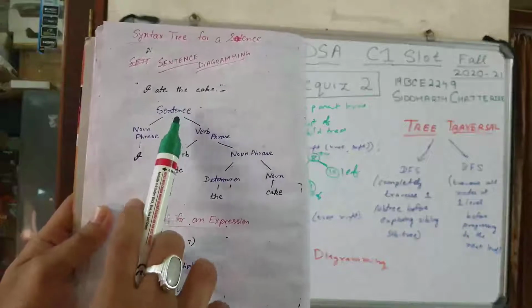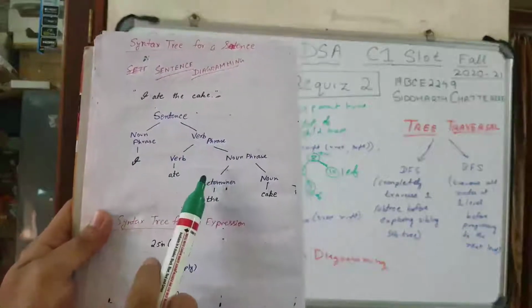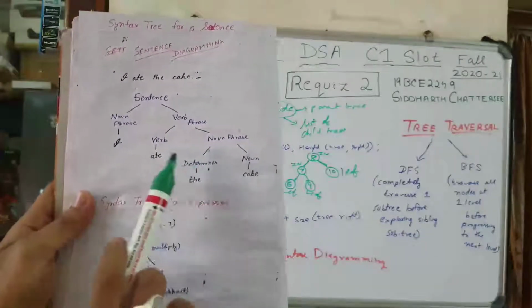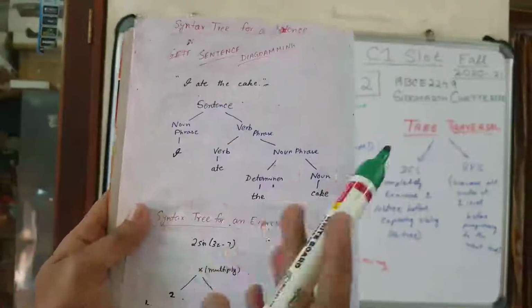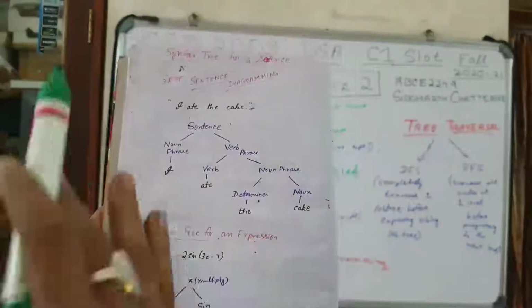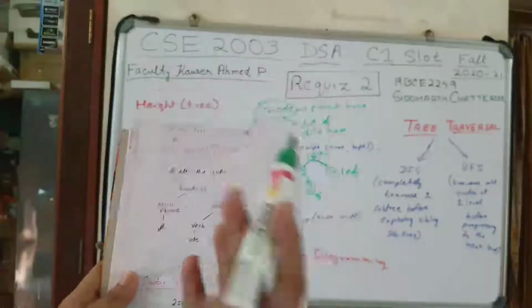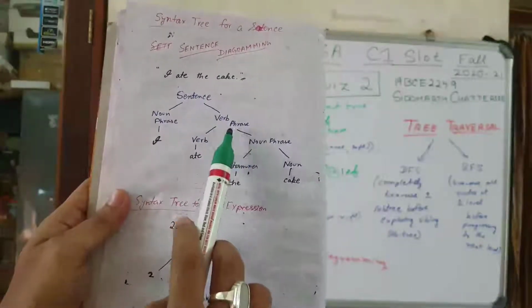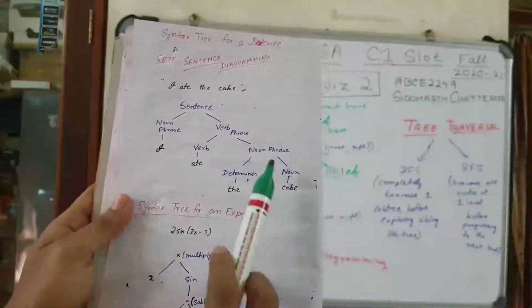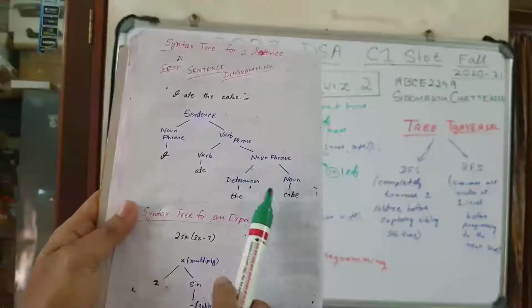We are breaking it into noun phrase, verb phrase, determiner, and noun. First is I, because it is the first word of the sentence, so we bring it from left to right. As I said, left will be the smallest value. So I is a noun phrase, then ate will be the verb, then ate the cake is the verb phrase, again divided into verb and noun phrase, the cake.